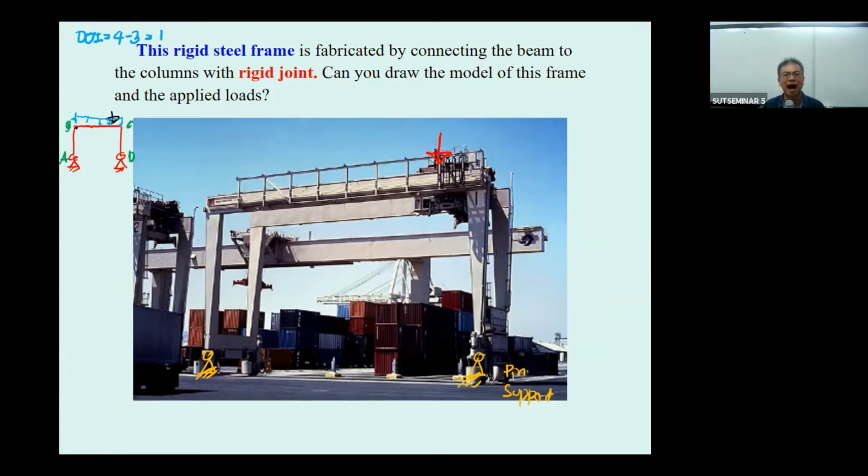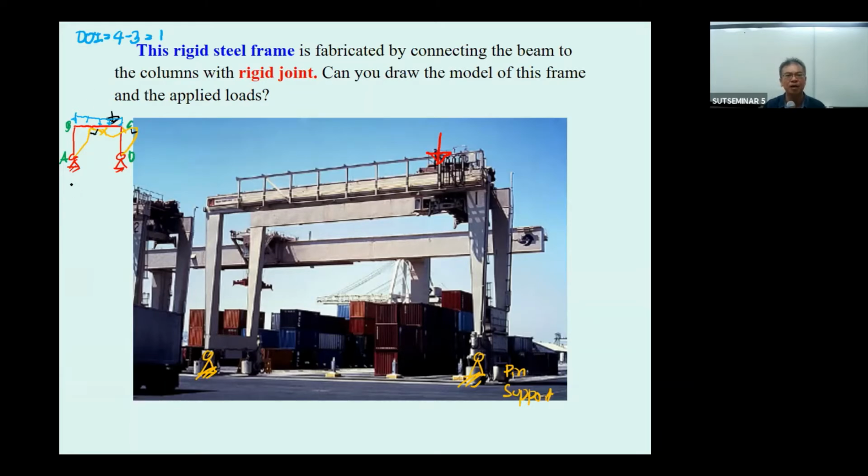And under the application of the force, since the moment at A, B, C, and D, the point C is larger than B, I believe this frame will have this kind of deformation, and it's going to keep the angle here at the normal angle, and also since the joint is a rigid joint, this one is going to stay at 90 degrees.